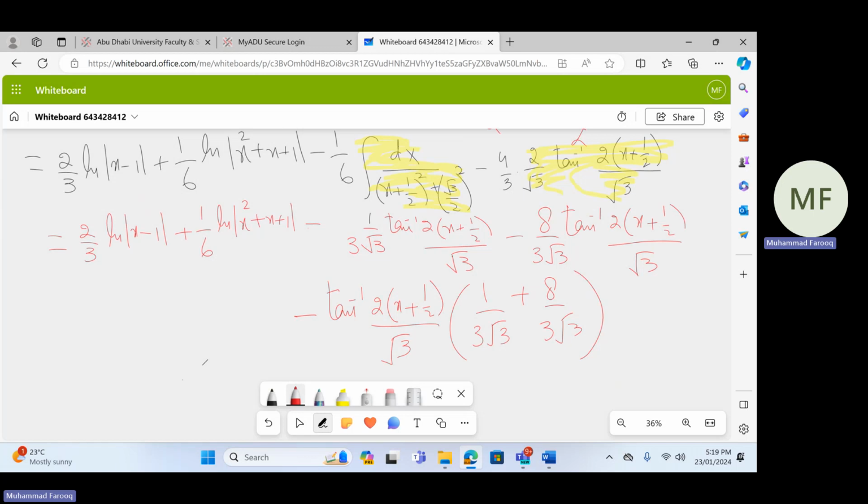It becomes 9 over 3 root 3. The 3 cancels out, becoming 3 over root 3.